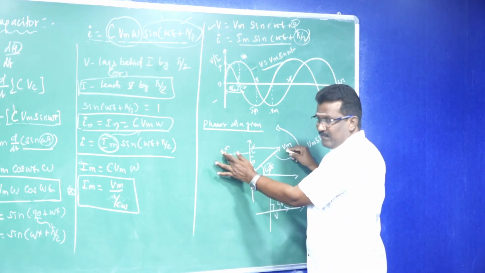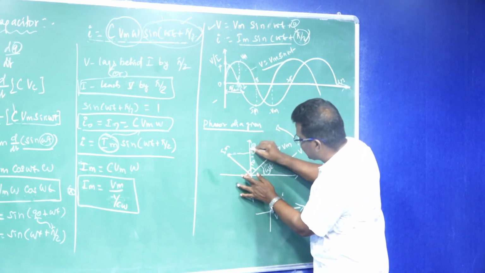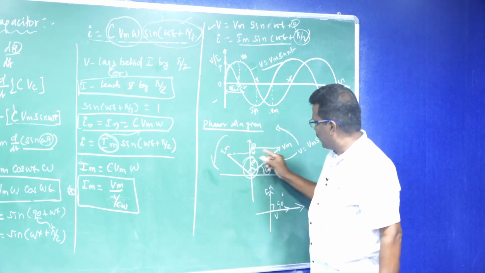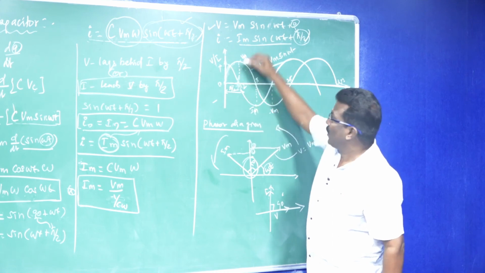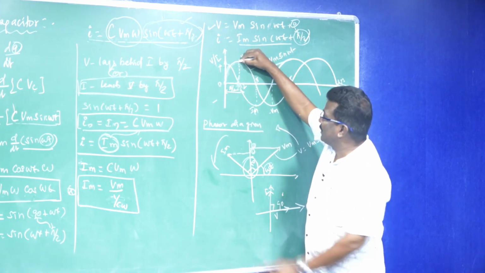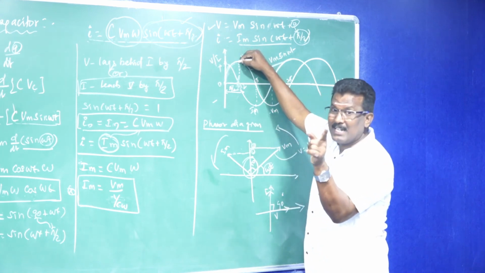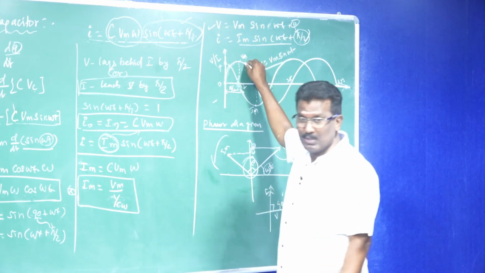So the angle between the instantaneous current and instantaneous voltage is always equal to 90 degrees. When it rotates, voltage increases, current decreases. When the voltage becomes maximum, the current becomes zero. At every instant, the phase difference between current and voltage is always equal to 90 degrees.